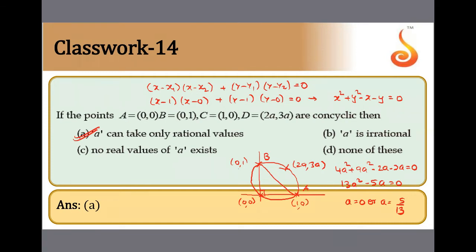Given circle, 2a and 3a lie on the circle. Why is AB a diameter? Because the angle made in a semicircle is 90 degrees. You studied in LKG, in a circle, angle made in a semicircle is 90 degrees.